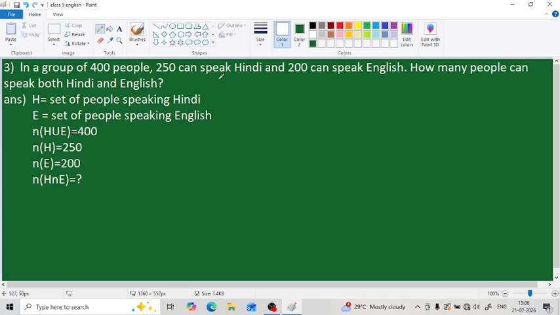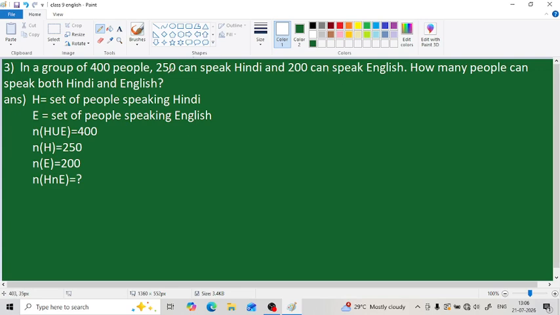So 250 students raised their hands. Then she asked how many people can speak English, and 200 students raised their hands. Some students raised a hand for both questions.